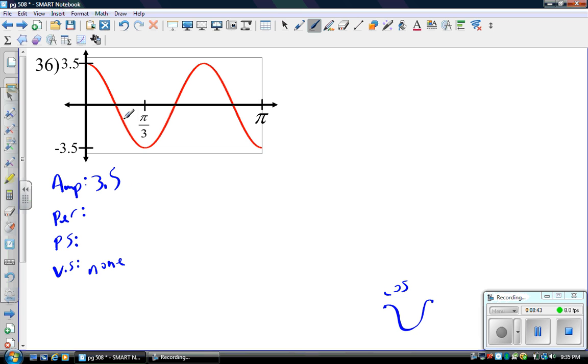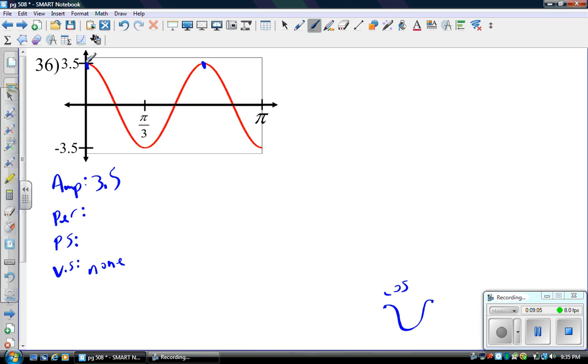Okay, what is the period of the function? Well, you can think of it from right there to right there. But we mentioned this in class. It really doesn't matter where you decide to pick to look at it for the period. The period's the same no matter what window you decide to look at.